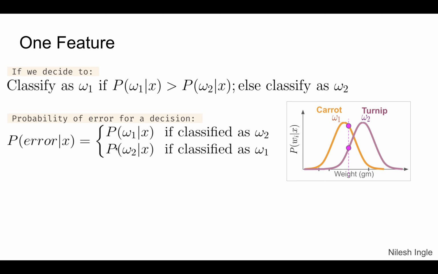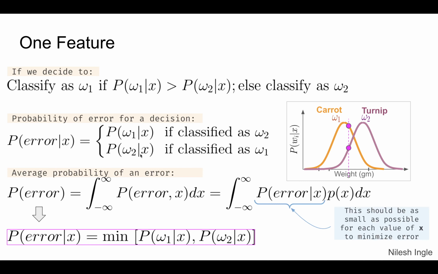So right here we classify it as W1, then the error would be the posterior probability that the data point or sample could have been classified as the class W2 given X. And if we try to find the average probability of error, this is the equation for that.